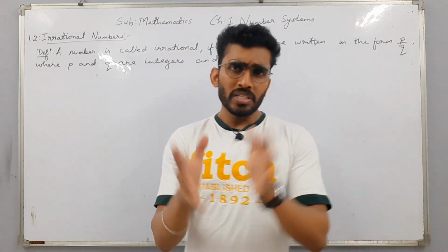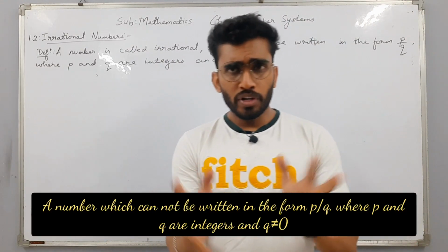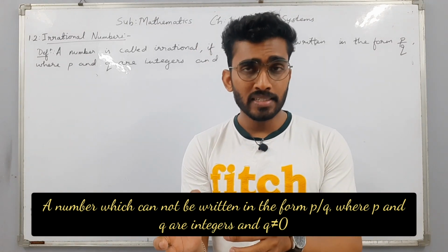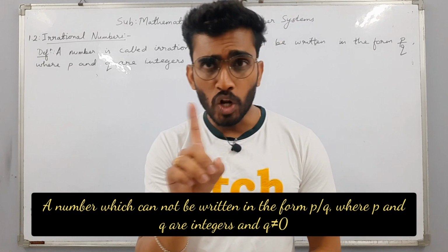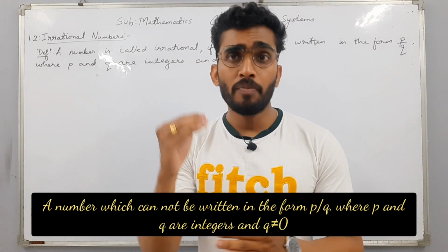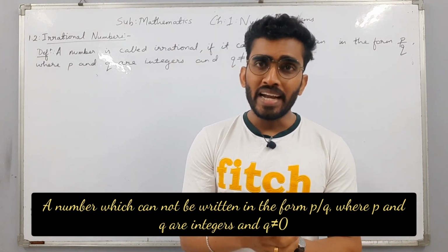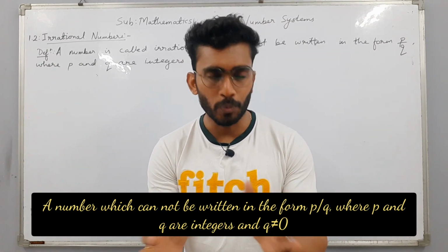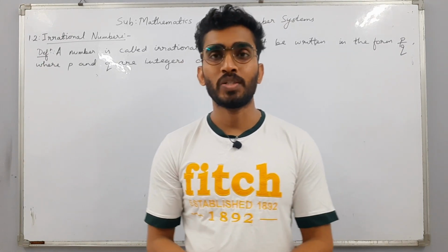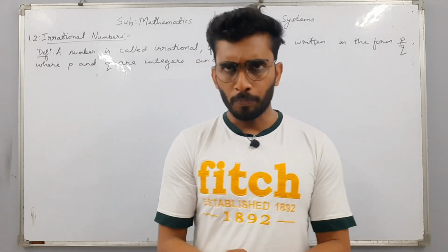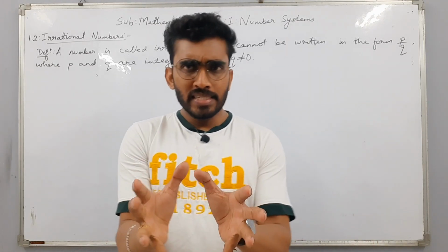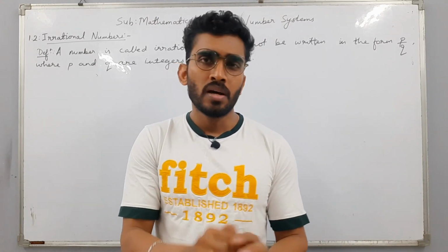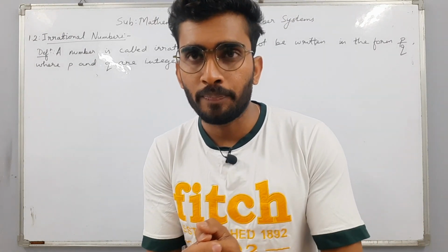Here you can see on the screen the definition: a number is called irrational if it cannot be written in the form of p by q, where p and q are integers and q is not equal to 0. Those numbers are called irrational numbers. This definition is quite similar to the definition of rational numbers, but exactly the opposite.